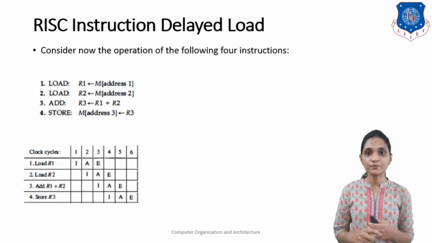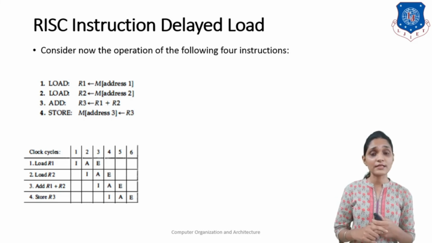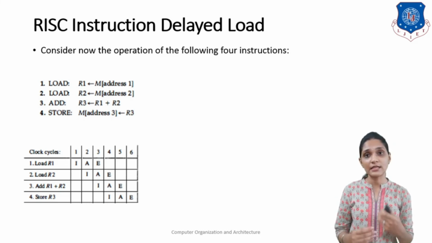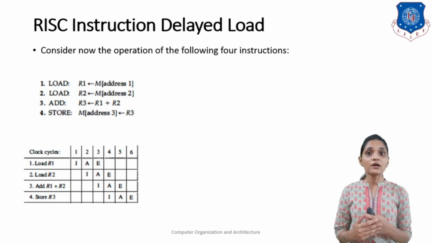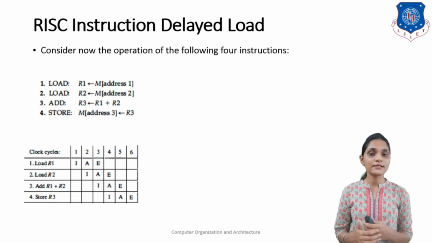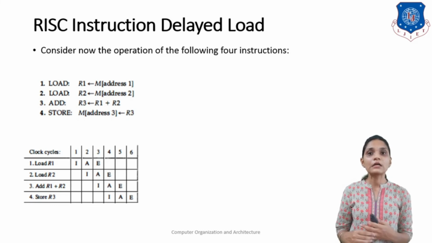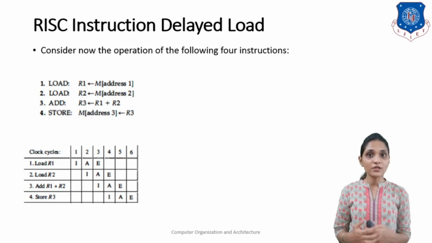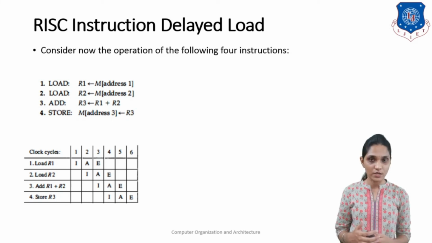At third clock, your first instruction is executed, second instruction is in ALU task, and third instruction is fetched, and so on. But here, for executing the instruction with R1 and R2, you will require load R2 to be executed first. After the execution of load R2, only then you can do the addition operation.